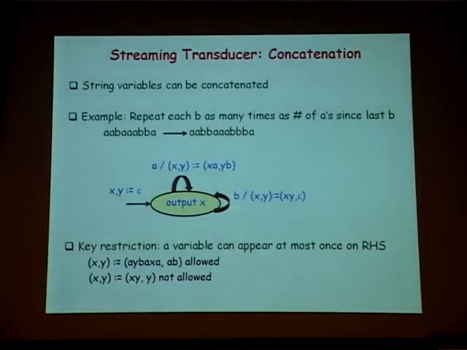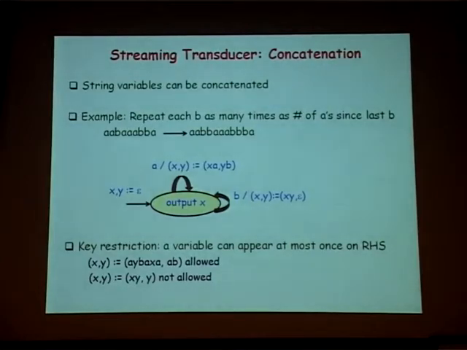Every time an a is read, we add a to x and a b to y. And when we read a b, we set x, which is going to be the output, to xy. So for example, the first time I read an a, x will be a, y will be b. When I read the next a, x will be AA, y will be BB. When I read a b, now x will be AA, BB, and y will be reset to epsilon.